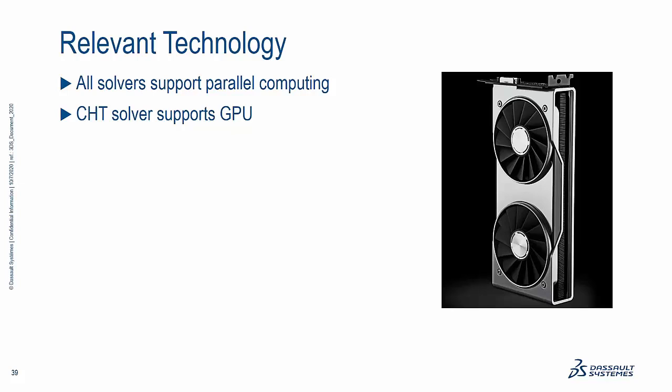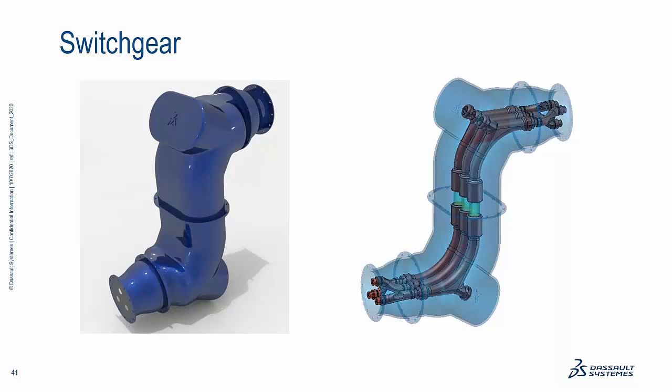Okay, so as I promised, without further delay, I'd like to show you two examples today. One is a nice switchgear. I need to thank my colleague for producing a nice model of the switchgear. This is a low frequency device that carries thousands of amps.